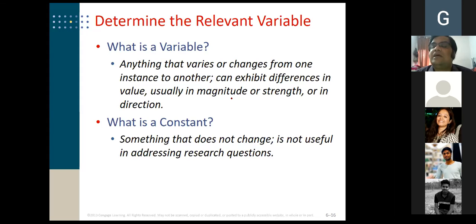So service quality is a variable because it is varying. But what is a constant? Something that does not change is not useful in addressing a research question. If something is constant, then it is not going to vary, right?